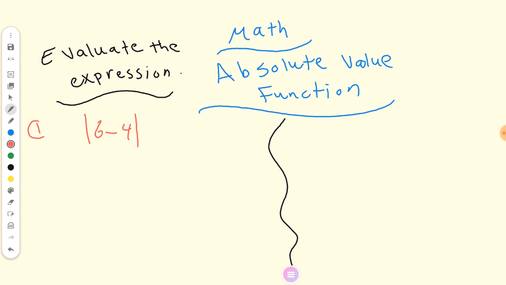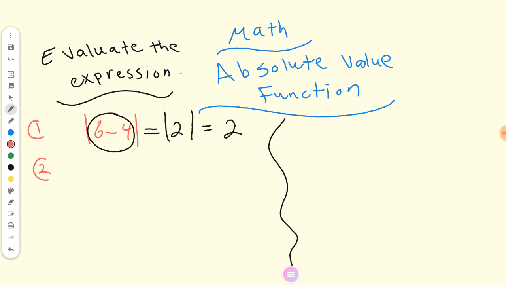How can I find the value of the absolute value of 6 minus 4? It's very easy. First, evaluate the operation inside the absolute value. 6 minus 4, of course, is equal to 2. After that, find the absolute value of 2. And the absolute value of 2 is equal to 2. Okay, another one.